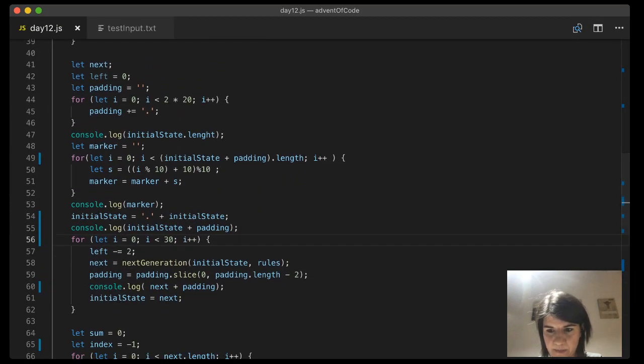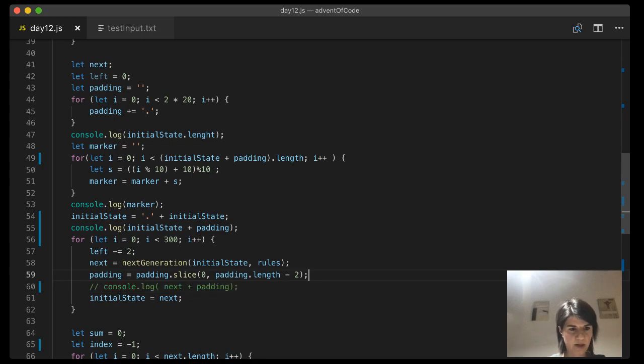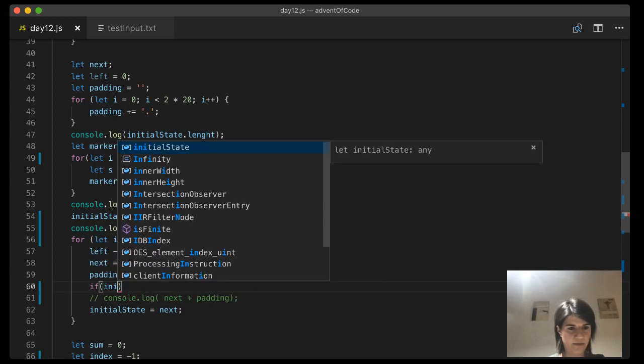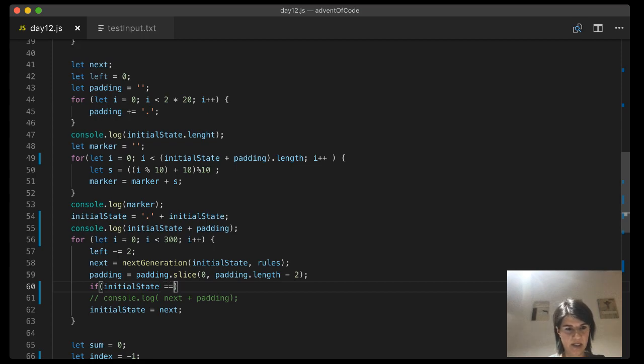Okay. You can compare initial state with next to find the exact stable generation. Oh, that's a great idea. Oh, and now I'm happy that I have initial state. Okay, so let's do 300 here. Let's not do all the printing. And let's say if initial state is equal to next, but my next is growing on the right.